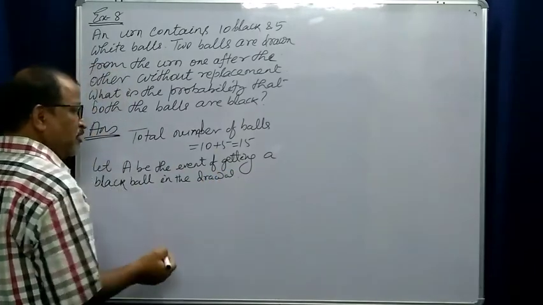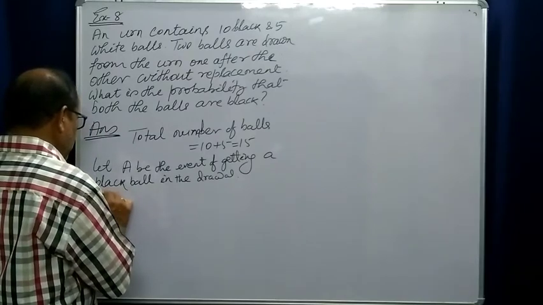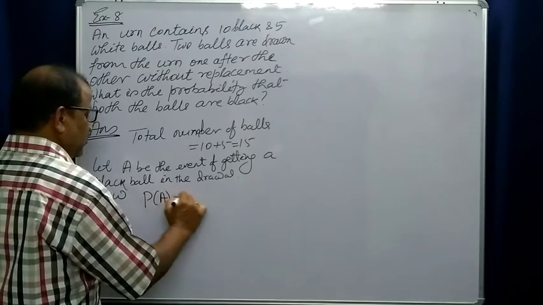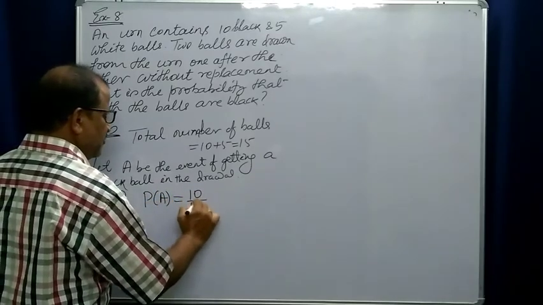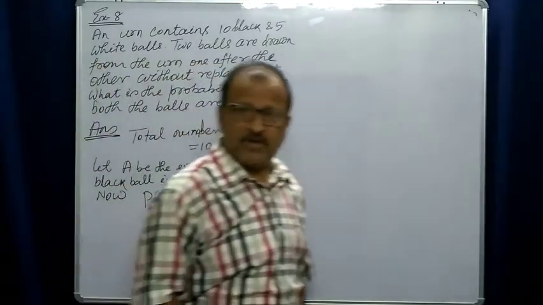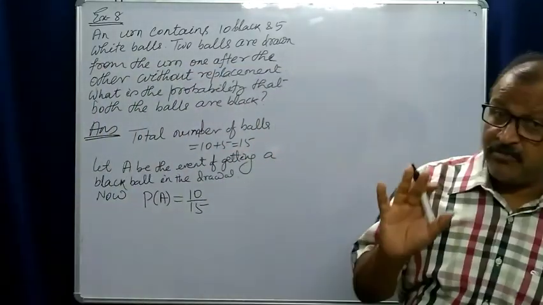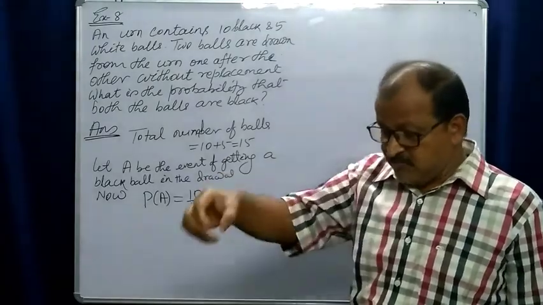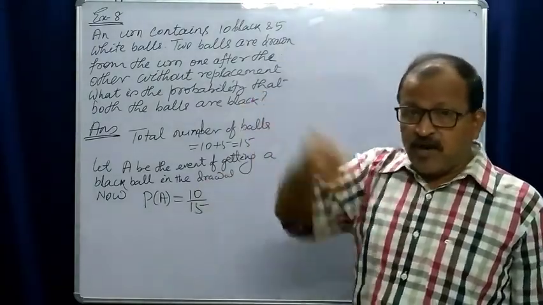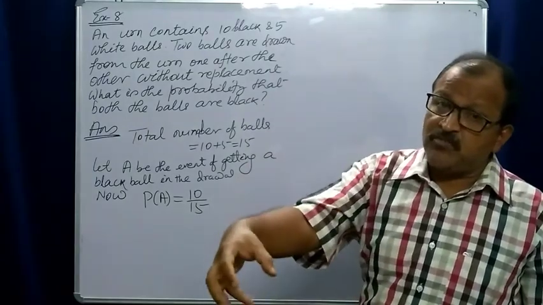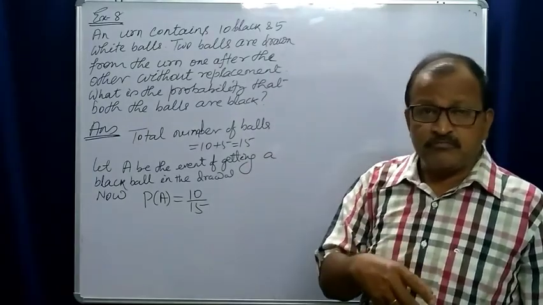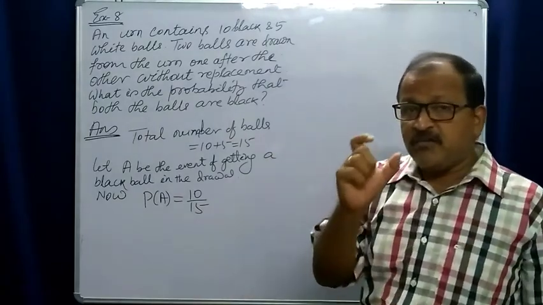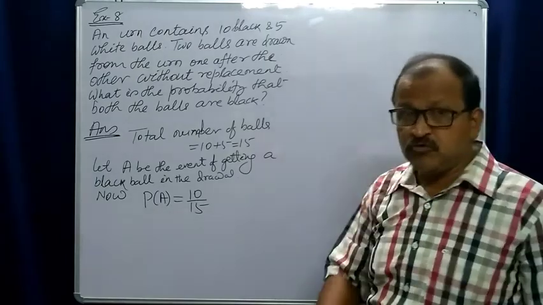So what is probability of A? Probability of A will be 10 by 15, because there are 10 black balls. So how many cases are favorable to us? If you pick up one ball from those 10 black balls, then it will be favorable to you. So out of the 15 balls in the urn, only 10 balls are favorable to the event, right?